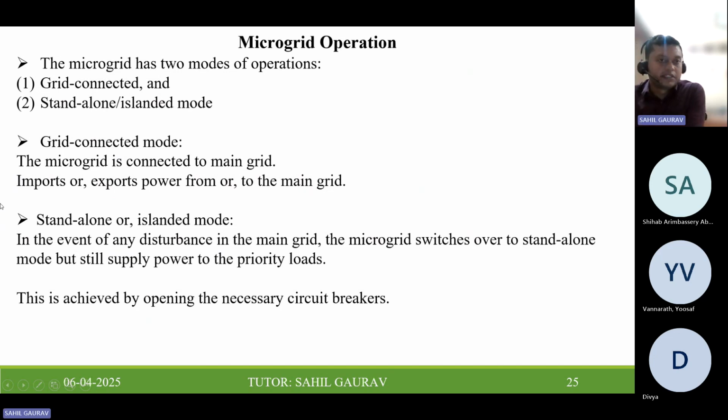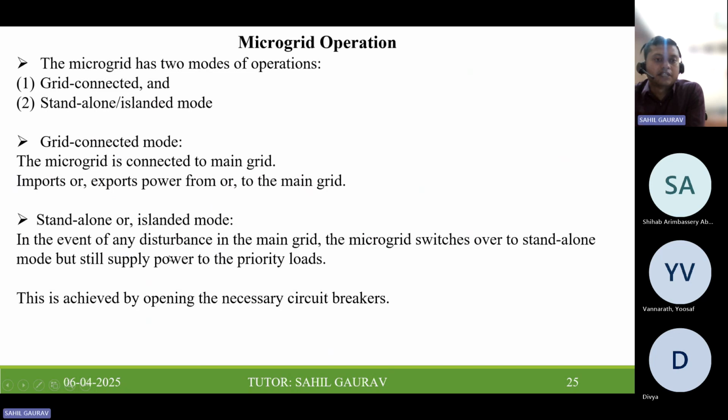Now for microgrid operation, we have two modes of operation. First is grid connected mode and another is standalone or islanded mode. In grid connected mode, the microgrid is connected to the main grid and imports or exports power from or to the main grid. In islanded mode, they are not connected to the grid.